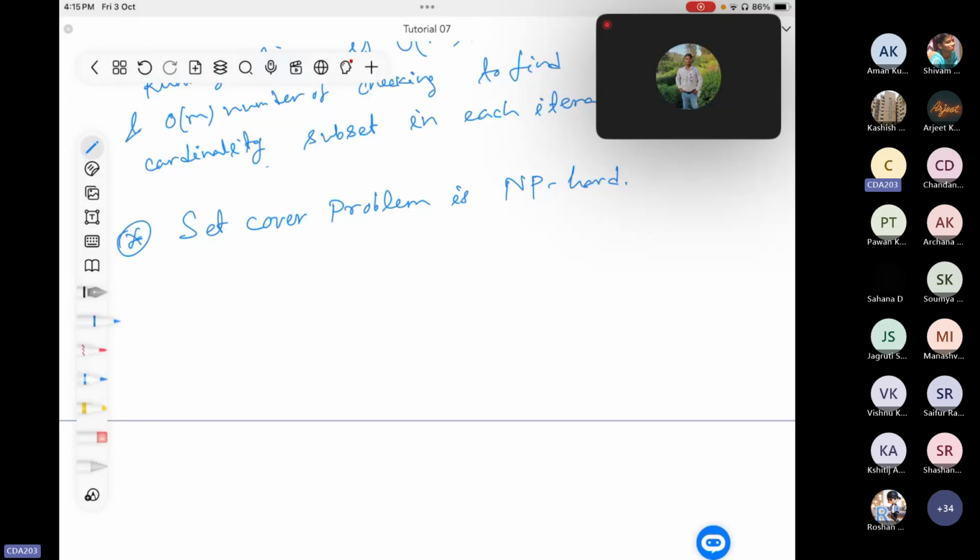Let's say you have some Wi-Fi connections. These are your points that you want to provide connections to, and you need to find towers, Wi-Fi towers, to establish such that you can cover all these areas.